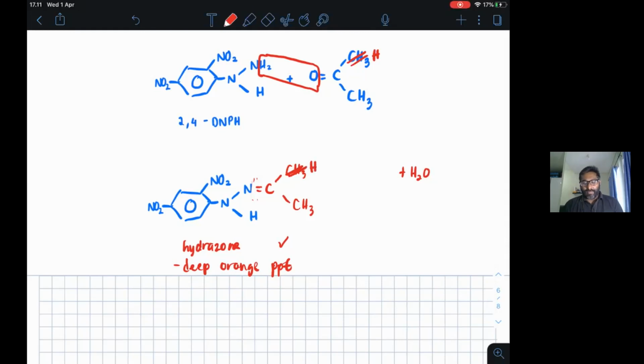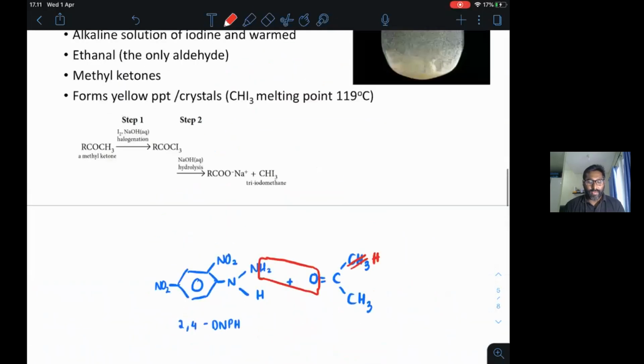So this positive result is applicable for both aldehyde and ketone. So it's just a general test to identify whether there is a carbonyl group, an aldehyde or ketone, present.